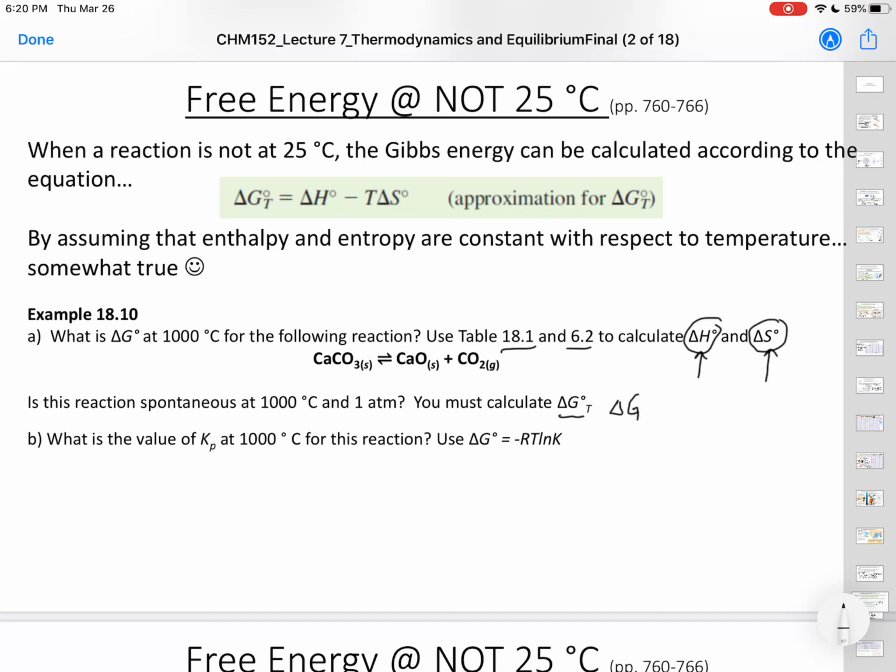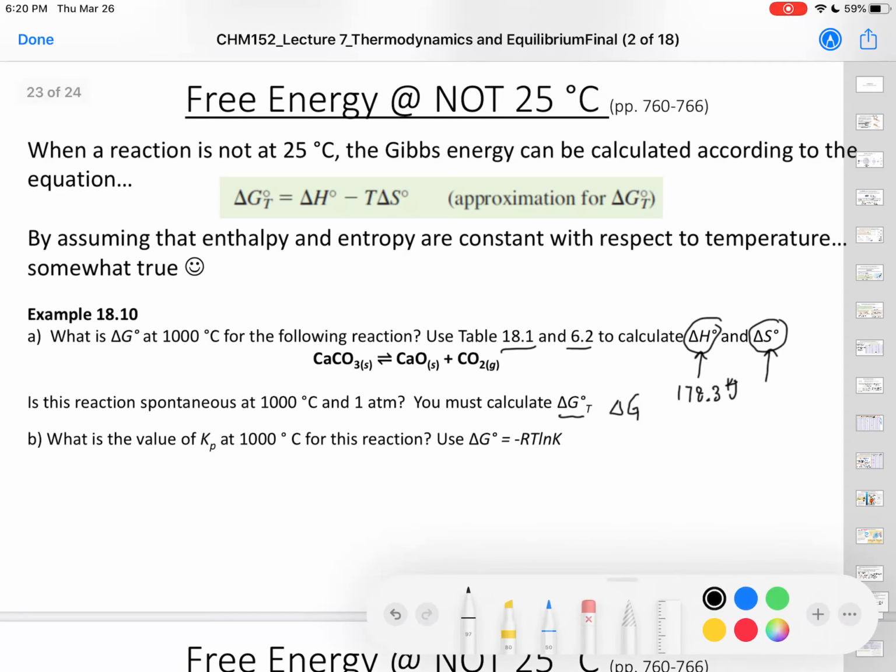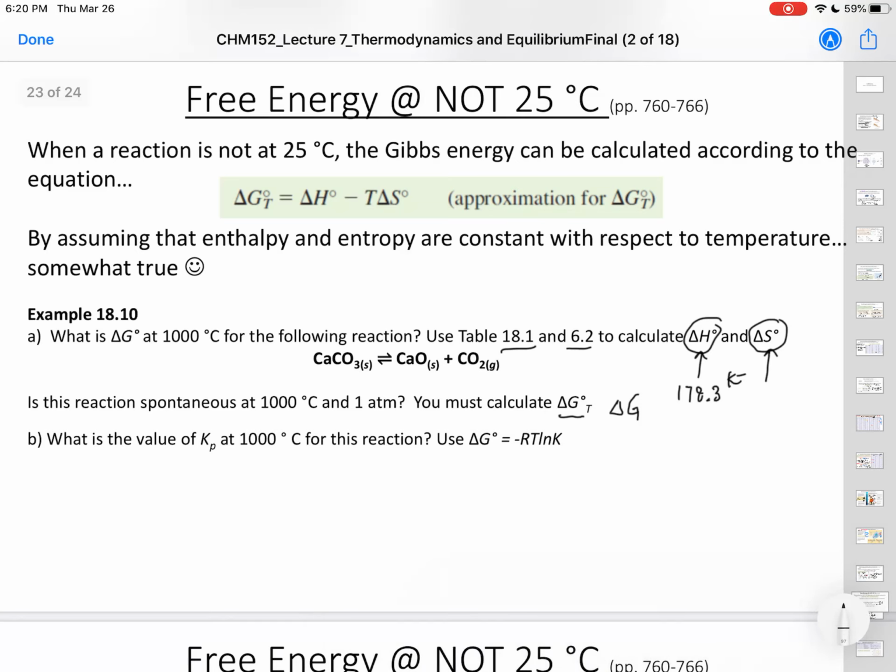And then you have to calculate delta G. So if you had calculated from 18.1 and 6.2, you're going to get delta H is equal to, let me write it here, 178.3 kilojoules.